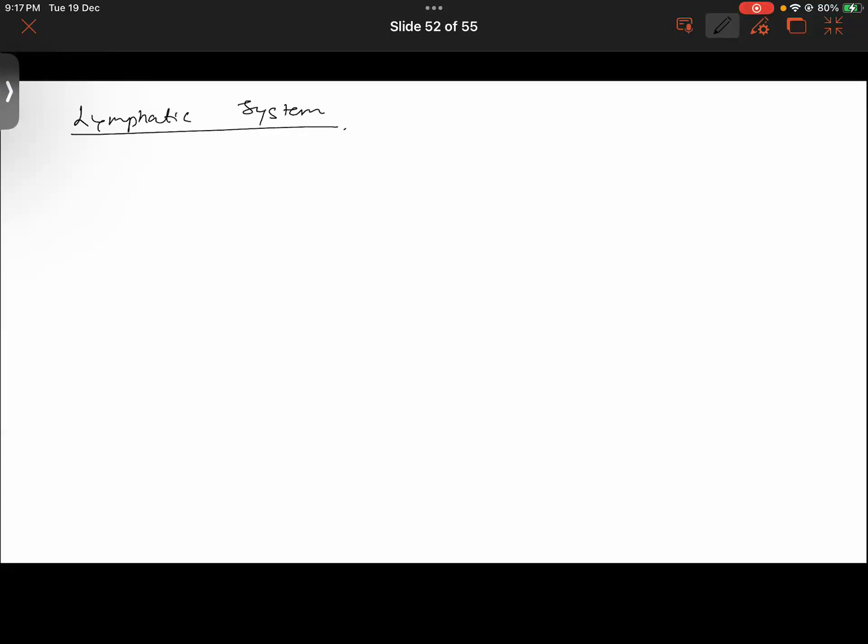Is it because the platelets are present in the bone marrow? That is the reason. In the bone marrow, platelets are formed, so it is indirectly responsible for protecting the body against pathogens. Then also red blood cells are manufactured in the bone marrow.